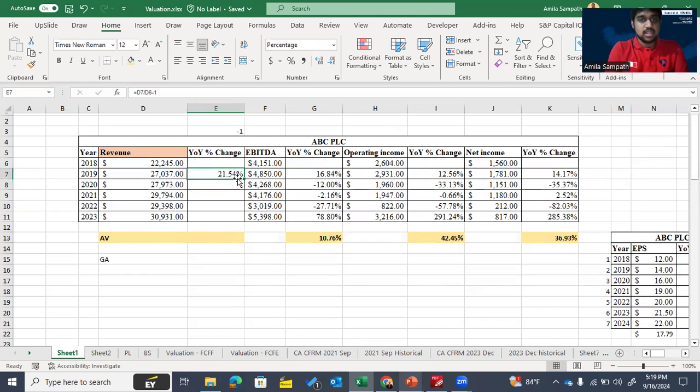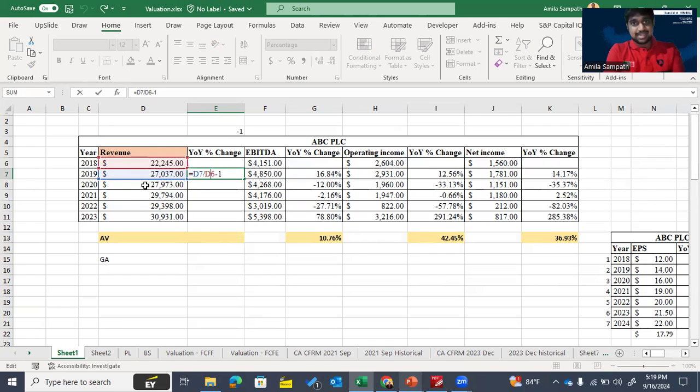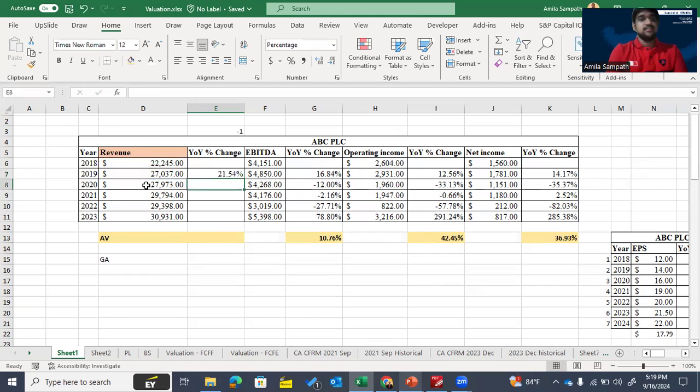Like this we can calculate the 2019 growth, and we get our year over year change for 2019 as 21.54. Like this we can calculate revenue growth for other years as well. For 2020, 3.46; 2021, 6.51; then 2022, we have negative growth of 1.33; and 2023, 5.21.